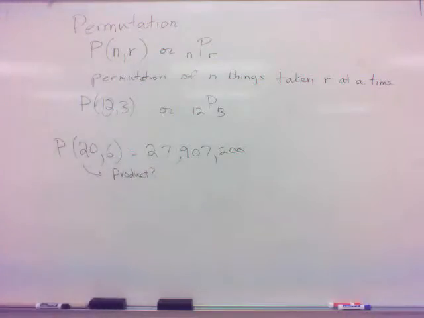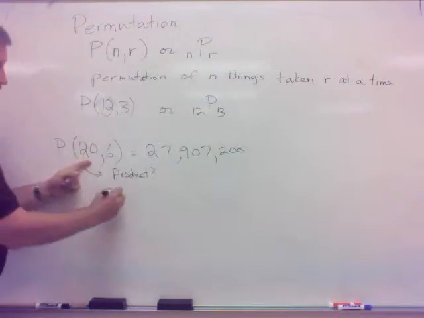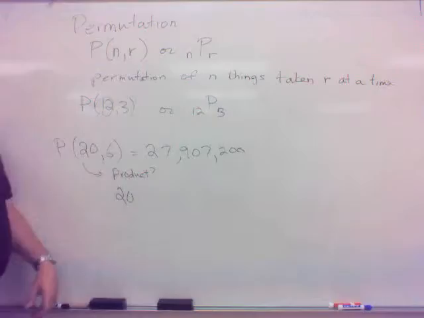Like we had 12, 11, 10 for the last one, what is this one product-wise? We didn't even have to do it to evaluate it, but what would it be if I wrote out the product? I start at the first number, 20, and then count down.